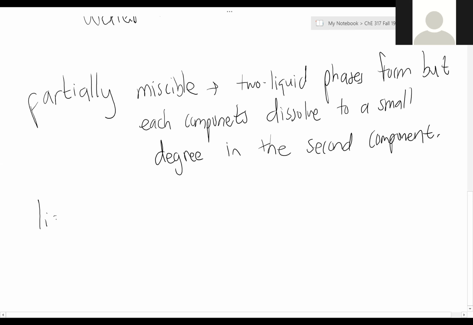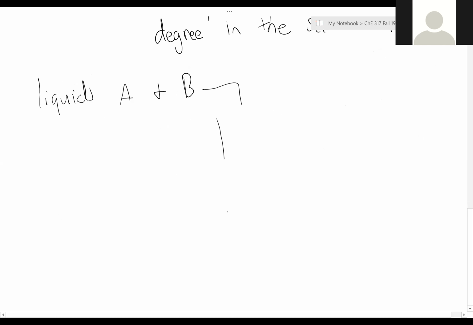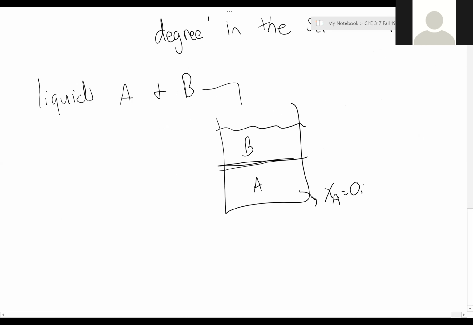Let's say I have liquids A and B, and I mix them in a container such that I have an A phase and a B phase. However, the composition of A could be such that there is the presence of B in the A phase, and there is the presence of A in the B phase.